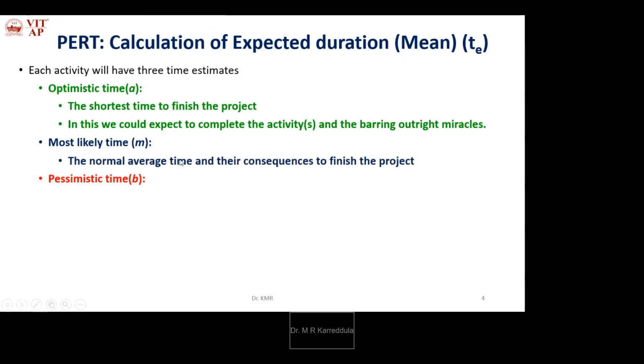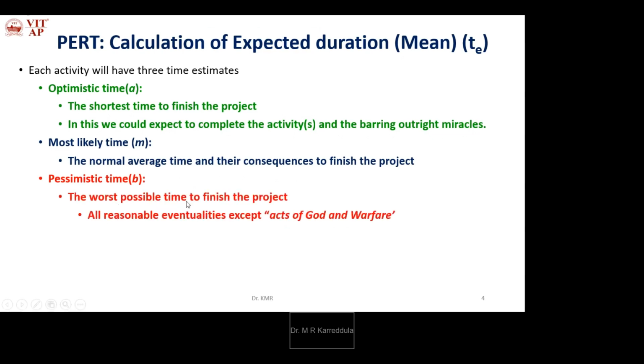Most likely time is the normal average time and its consequences to finish the project. The average time to finish the project task or the whole project, both. Pessimistic time is the worst possible time to finish the project. Not only the project, but its internal components, the various project tasks, with all reasonable eventualities except acts of God and warfare. Excluding this, the worst time to finish the project.